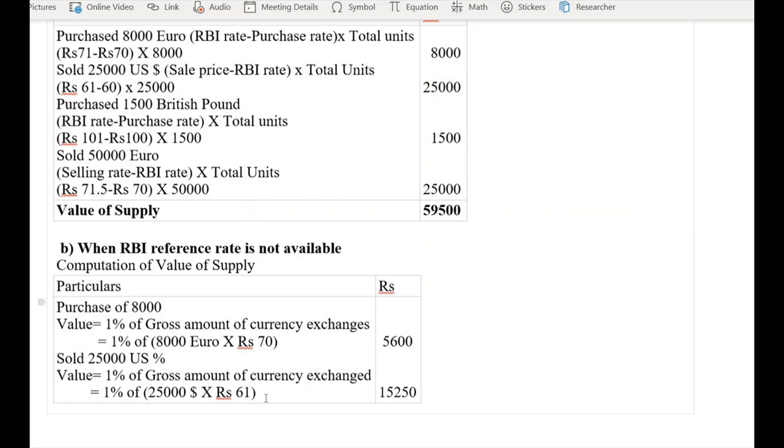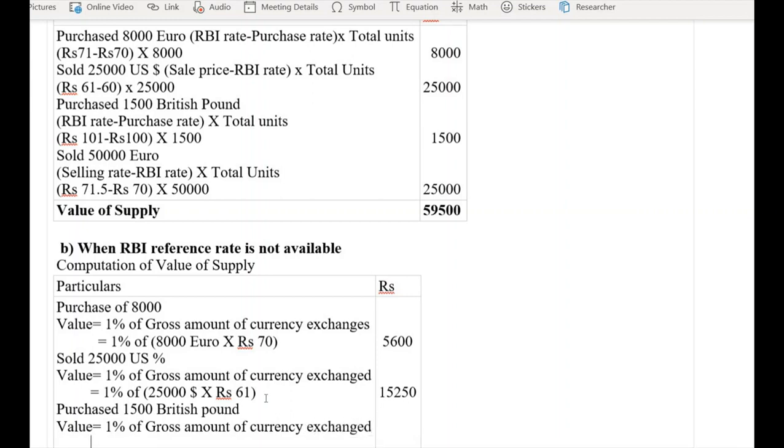Then similarly, purchased 1,500 British pounds. So value equals 1% of gross amount of currency exchanged.